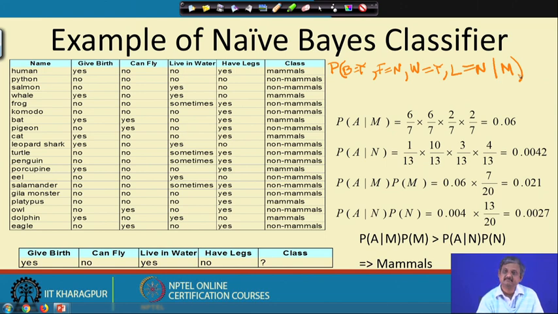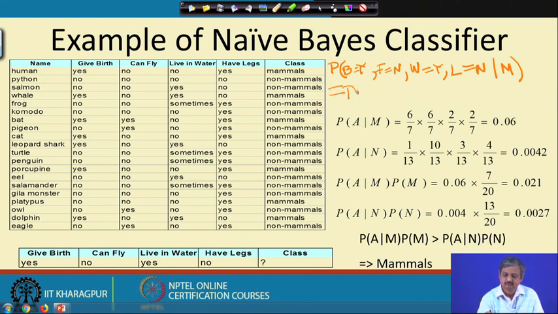if these attributes are independent, that means whether a species gives birth to young does not depend on whether it can fly. Similarly, it does not depend on whether it lives in water or has legs. So, if the attributes are independent of one another, that means what value one takes in no way depends on what value the other attribute takes, then we can write this joint probability, give birth yes, fly no, water yes, legs no, as the product of their marginal probabilities.